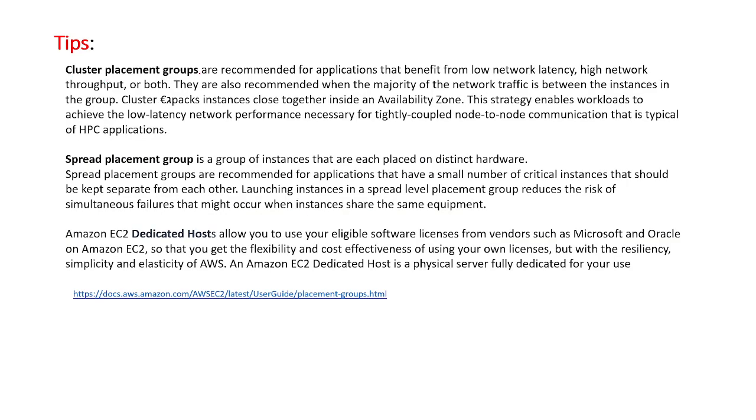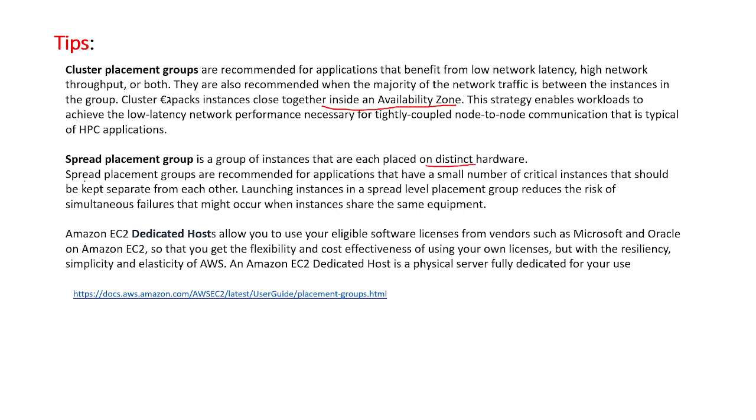Cluster placement groups are recommended for applications that benefit from low network latency, high throughput, or both. They are also recommended when the majority of network traffic is between instances in the group. They clearly mention it is within a single availability zone. And a spread placement group is a group of instances that are each placed on distinct hardware.